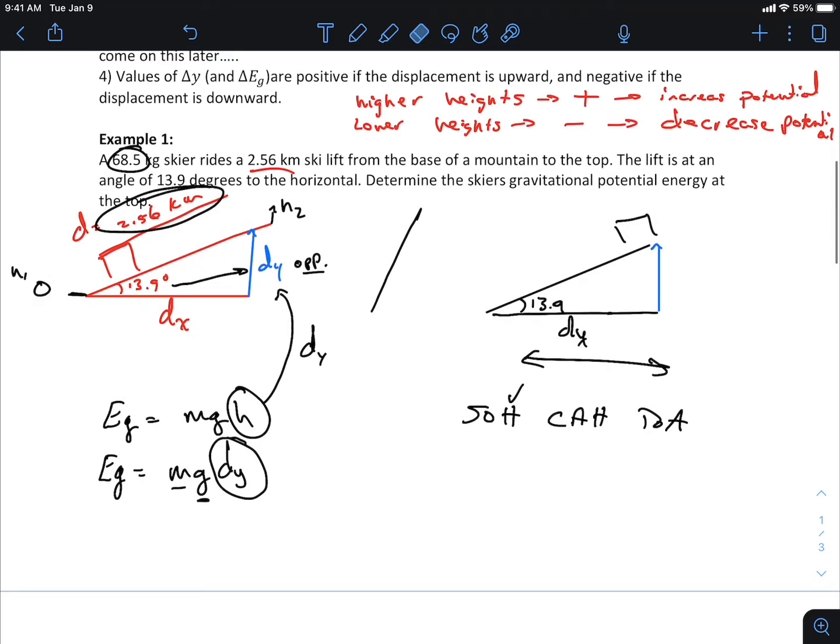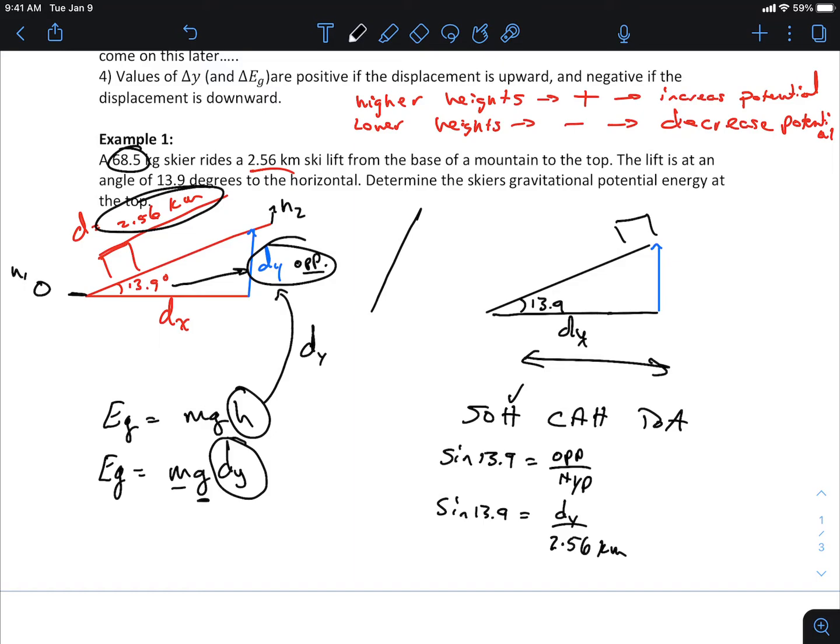So we're going to say sine of 13.9 degrees is equal to opposite over hypotenuse. So let's fill in the things we know. Sine of 13.9 is going to equal dy, that's opposite, and the hypotenuse I know is 2.56 kilometers.